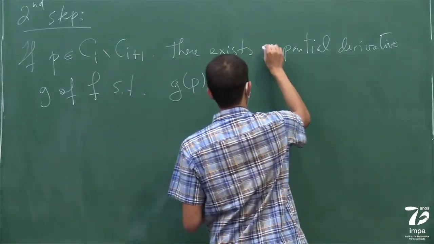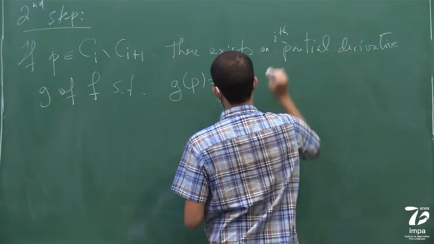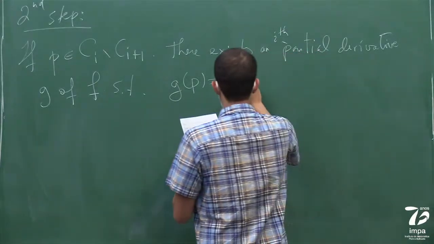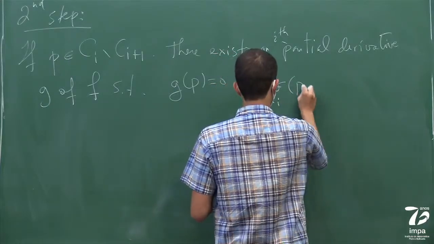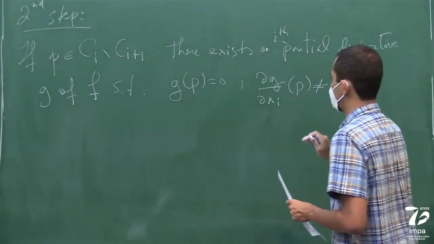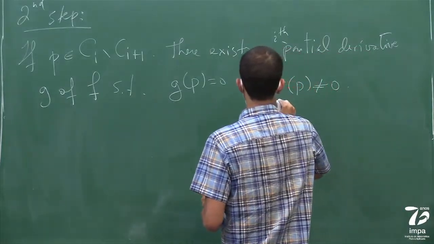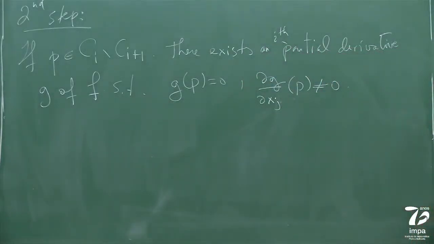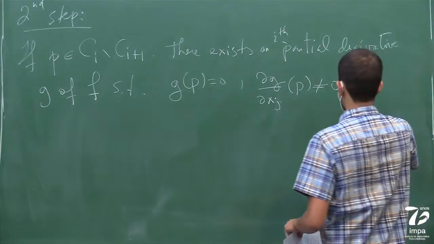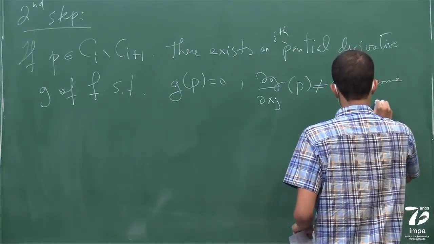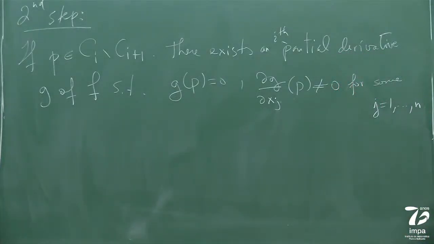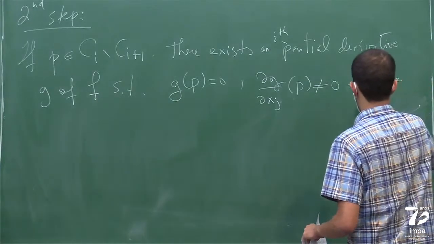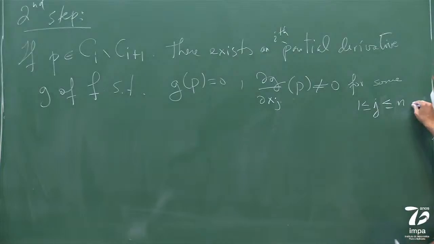There's an ith partial derivative such that gi of p is 0, and some partial derivative, dxi of p, is different from 0 for some j, for some j between 1 and n.